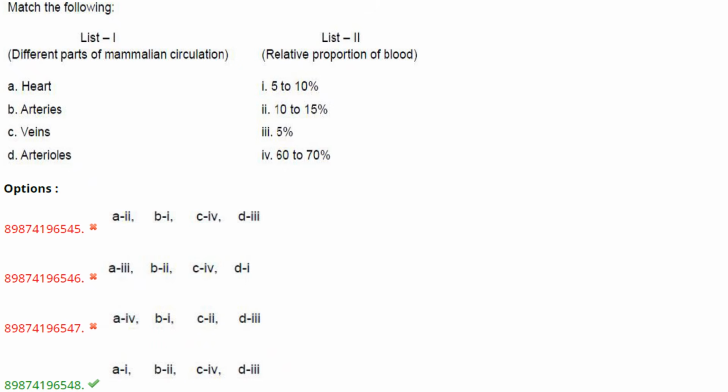They are giving 5 to 10. Okay, in some books it will be 7 to 10 or 11 to 15 or 16 like that. So there may be slight variations, not a drastic variation, but slight variations will be there. Here doing elimination also will be very difficult because it is 5 to 10% over here and 5% over here.